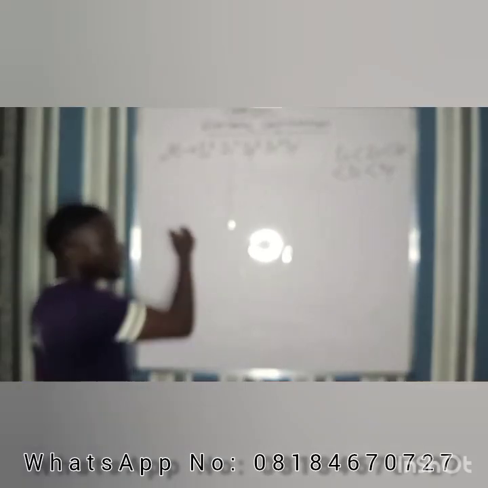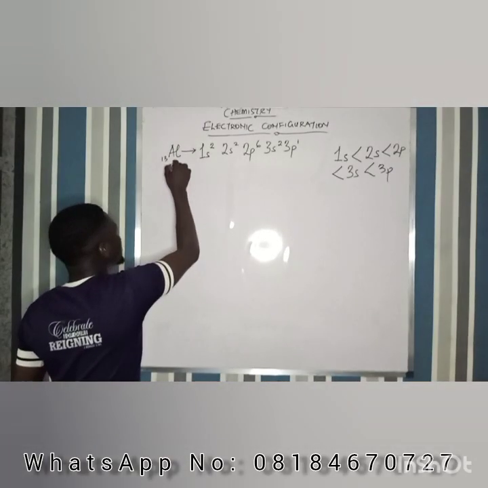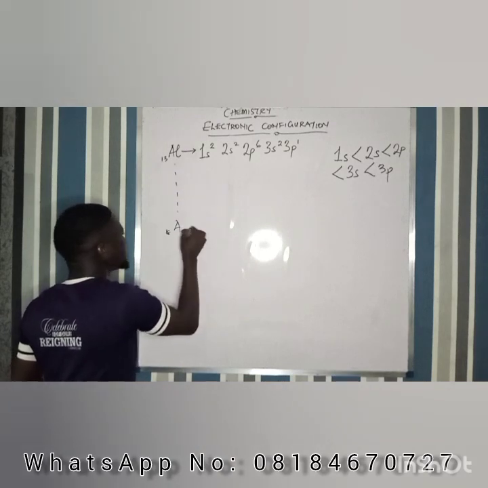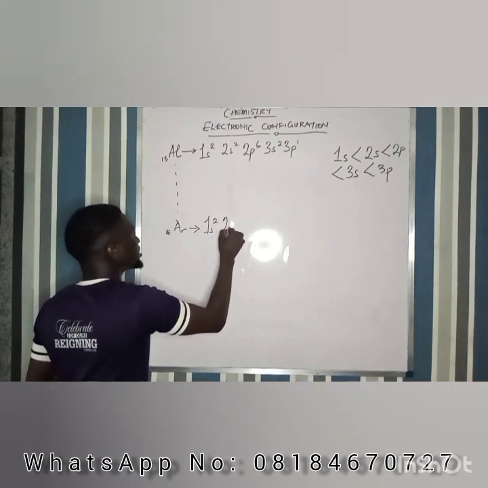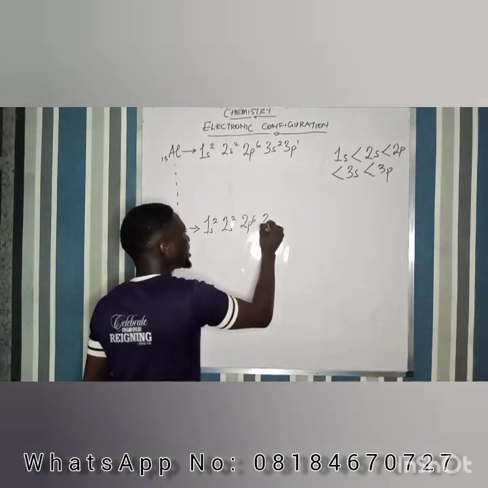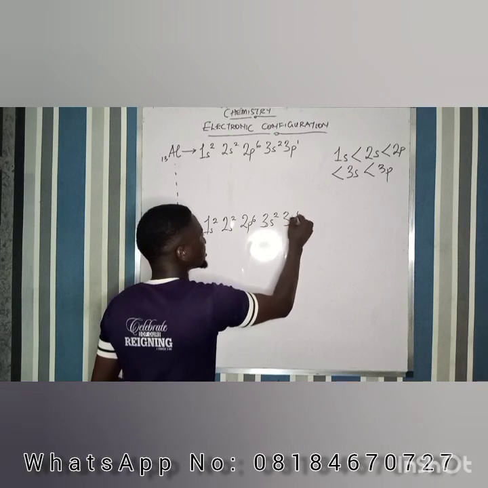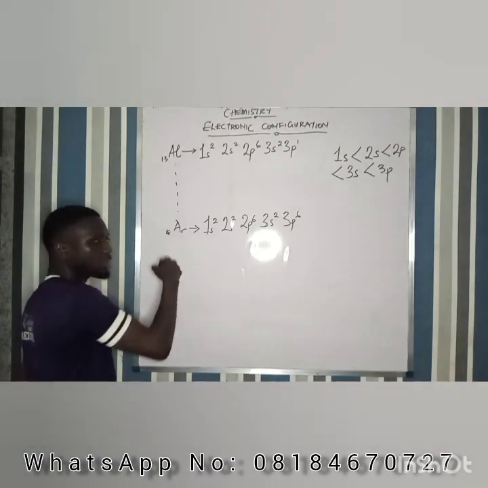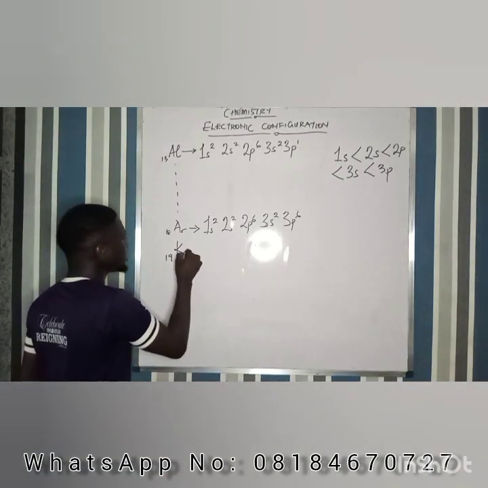And it will fill up to the 18th element, which is argon, and the configuration is 1s2, 2s2, 2p6, 3s2, 3p6. Then the next one after argon is potassium, which is number 19.